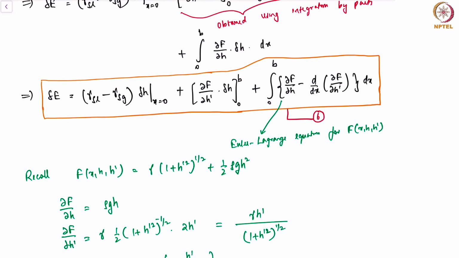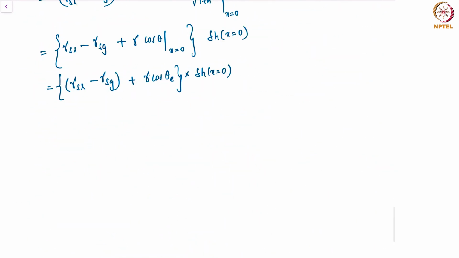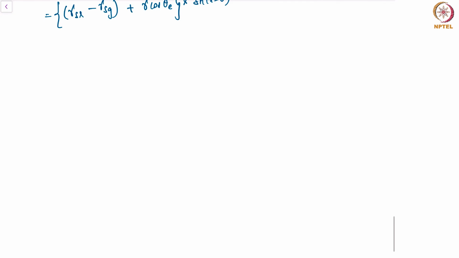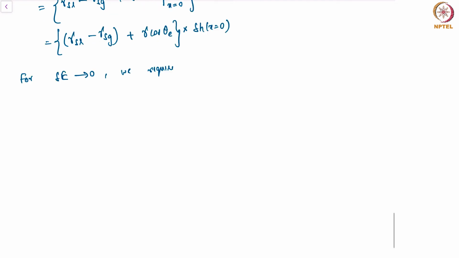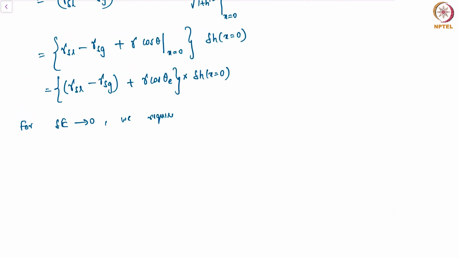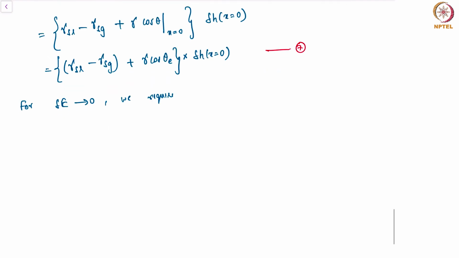In other words, for delta E to go to 0, we require the above boundary terms, let's label them as expression 7, to vanish.